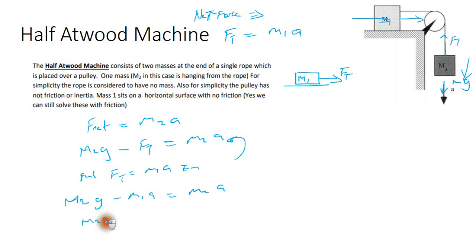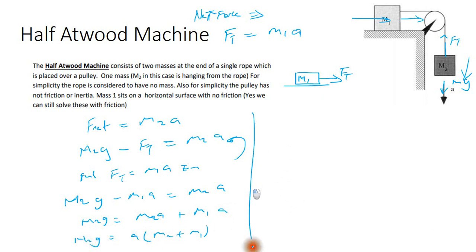So we have M2g is equal to M2a plus M1 times a. We can factor out the a on this side: M2 plus M1 times a is equal to M2 times g. We want a by itself, which means that a is equal to M2 times g divided by M2 plus M1.